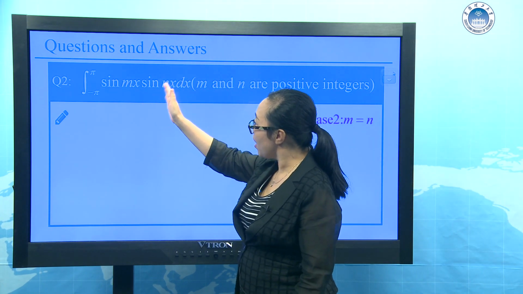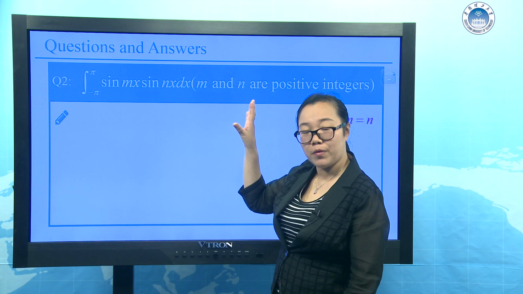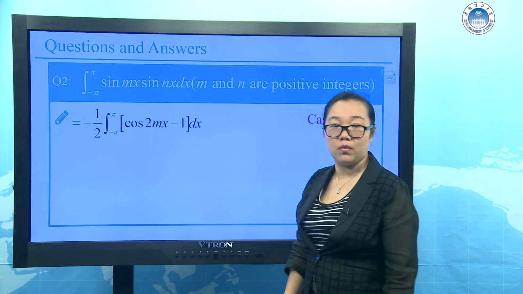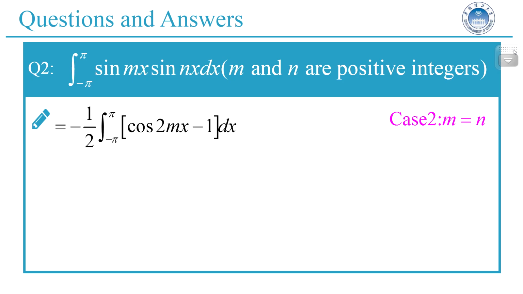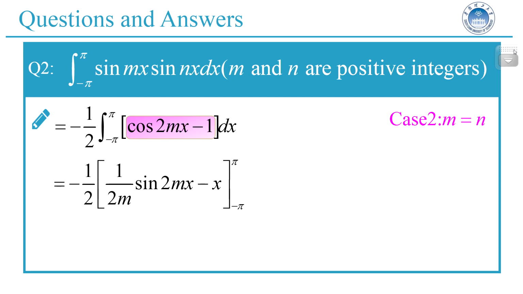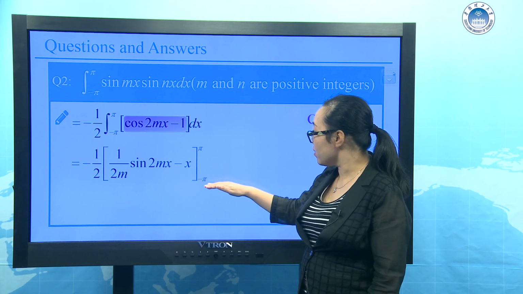Sin mx times sin mx becomes sin squared mx, which means we use the half angle formula. So it equals minus half, integral from minus pi to pi, of bracket cosine 2mx minus 1 dx. The antiderivative is sin 2mx over 2m, minus x, evaluated from minus pi to pi.